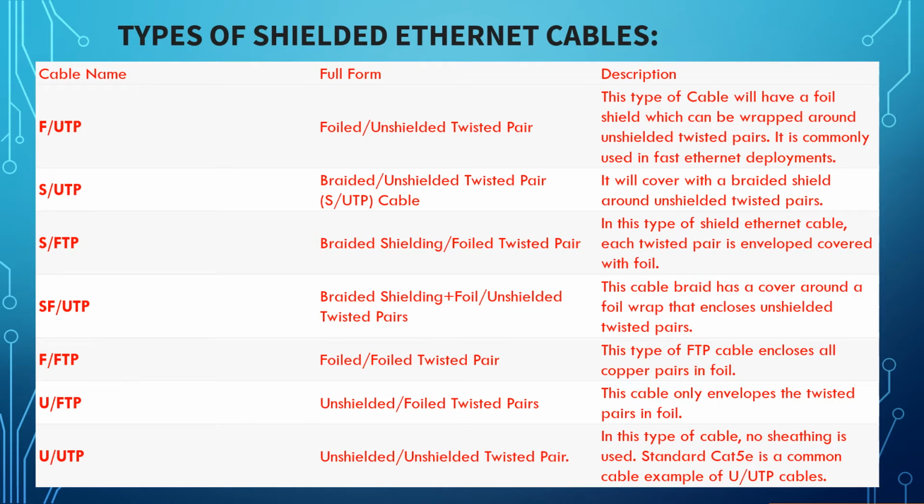SF/UTP is braided shielding plus foil unshielded twisted pair. FF/TP is foiled twisted pair. U/FTP is unshielded foiled twisted pair. U/UTP is unshielded twisted pair.